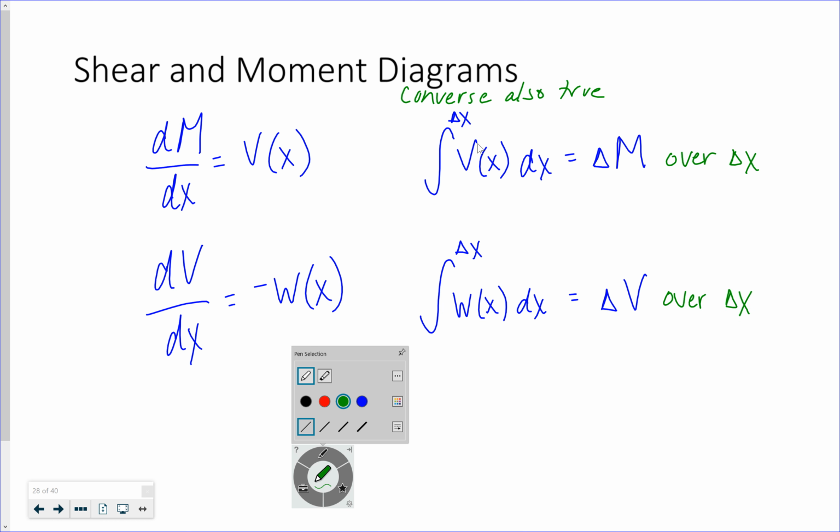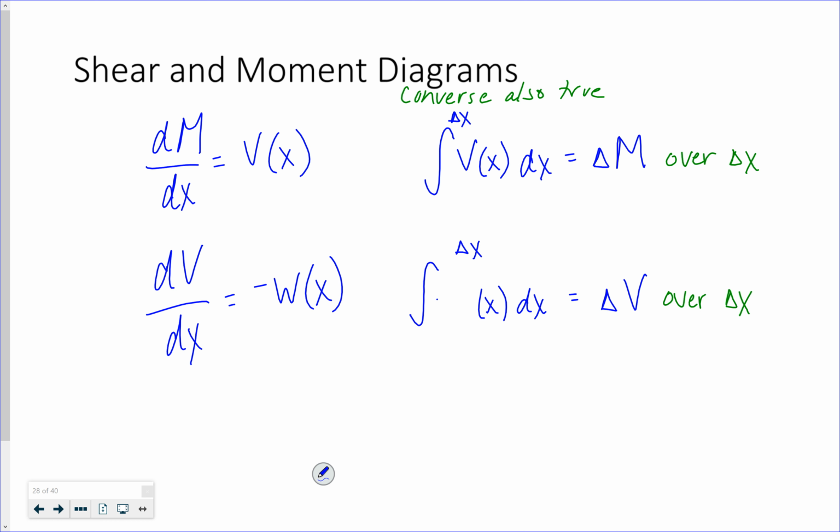Between 2 points, delta x, you can find the change in moment or the change in shear by integrating. I'm missing that negative. Of course. Oh, it's all messed up. By integrating the shear and applied loads, if it's a distributed load.